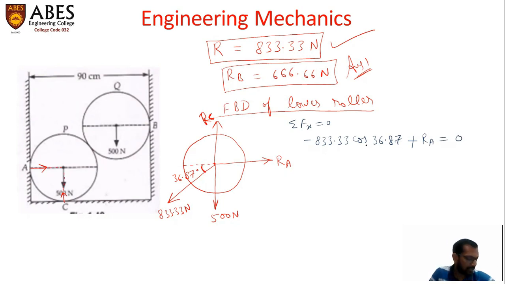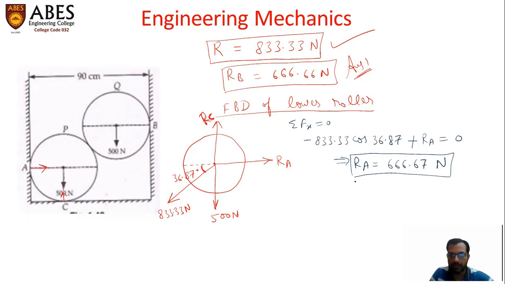From this, we can calculate the value of RA directly. RA is equal to 666.67 newtons. So this is our second answer.